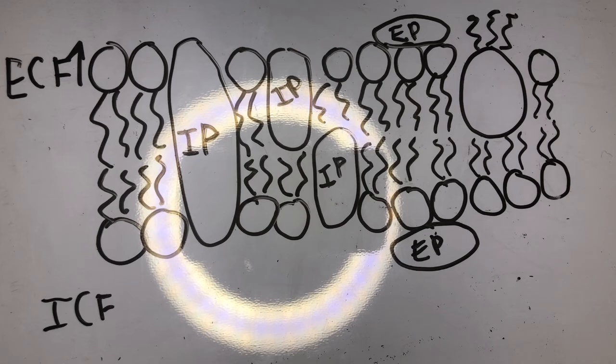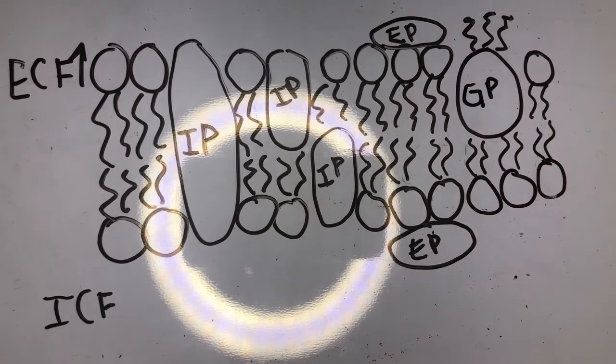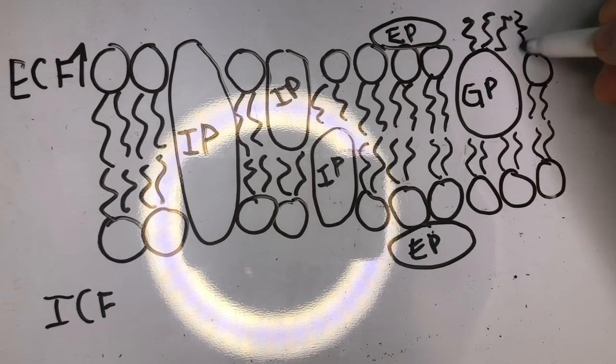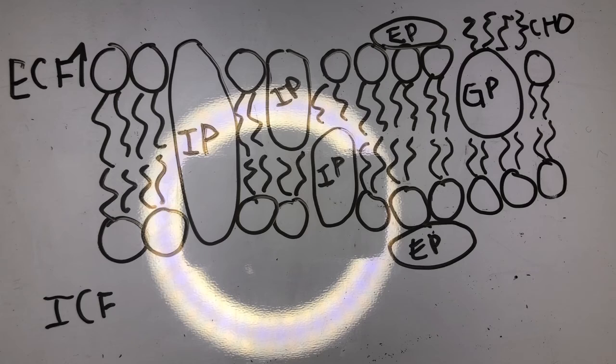Next, we're going to talk about glycoproteins. So a glycoprotein is going to be this guy right here. And a glycoprotein is a membrane protein, which can be either intrinsic or extrinsic. As you can see here, we drew it as an intrinsic protein. And this is going to have carbohydrates, which are organic, attached to it. So these guys right here sticking off are going to be CHO, which means carbohydrate.